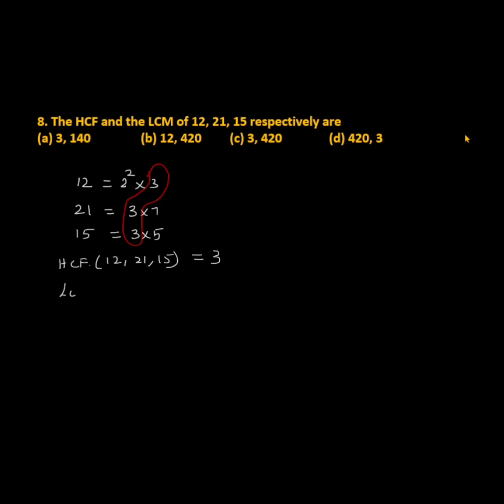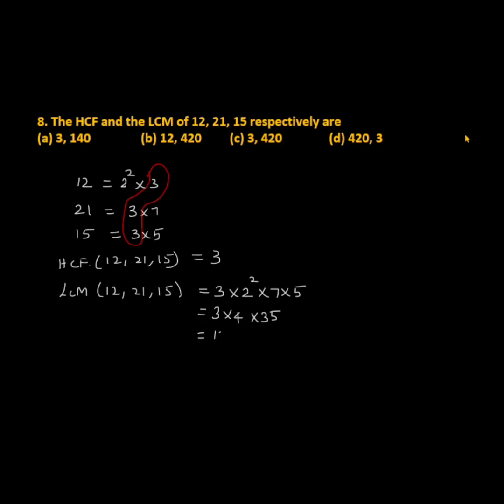And what about the LCM of 12, 21, 15? The common factor with the same power is 3, and there are 3 non-common factors. So the first non-common factor is 2 power 2, the second non-common factor is 7 and the third non-common factor is 5. Now 3 into 4, 2 power 2 is 4, and 7 5s are 35.